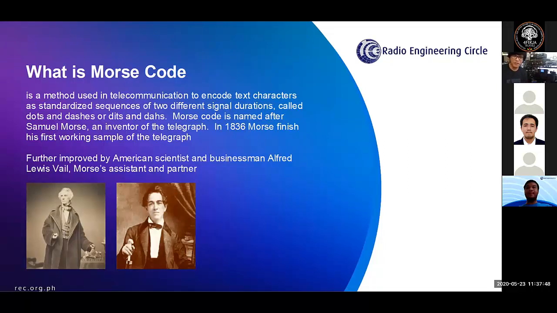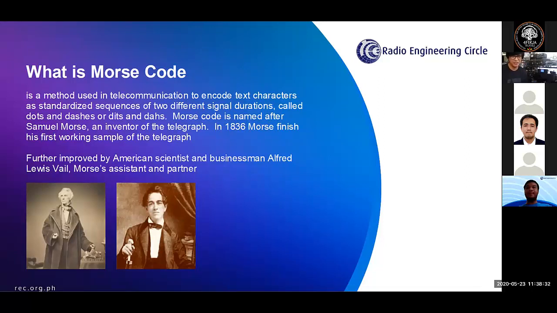It took a very long time for the message to get to him because the old style of sending messages was through horse, so it really takes time. By the time the message reached him, his wife had already died. It's really bad. So Samuel Morse was broken-hearted. He tinkered on how to speed up the sending of information, hence the invention of Morse code.